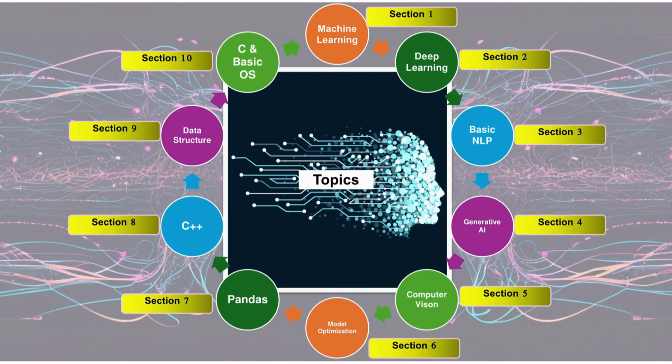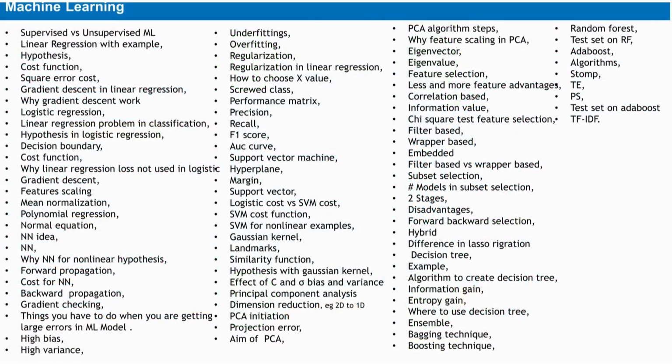Okay, so here we will start with the first section, machine learning. Inside machine learning I found these are the topics. I extracted more than 100 topics, which are very important.